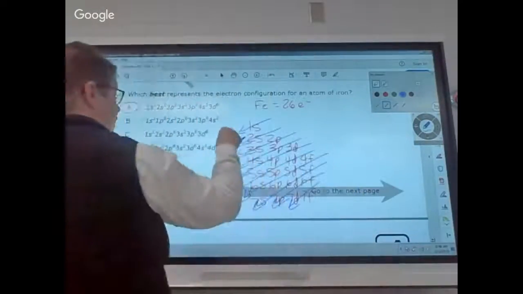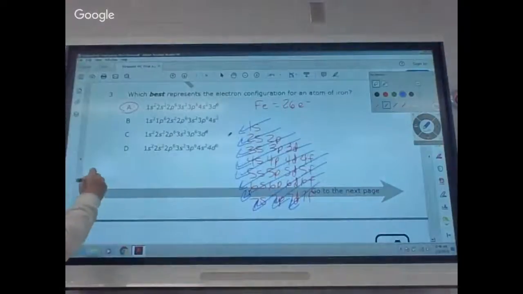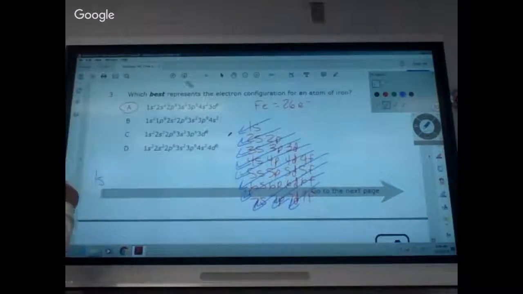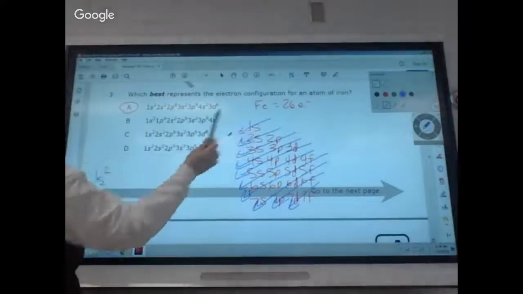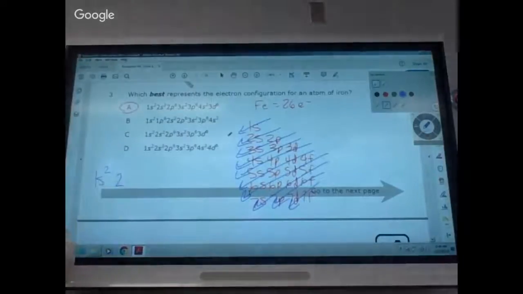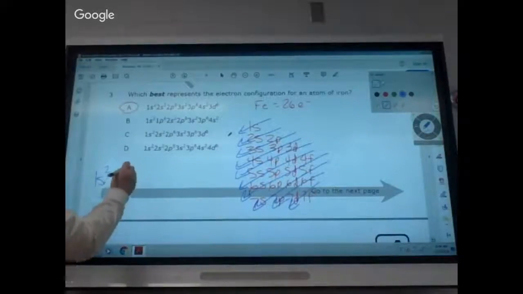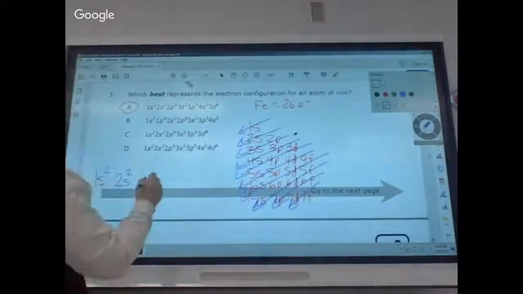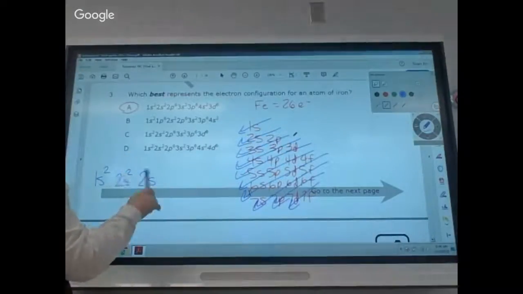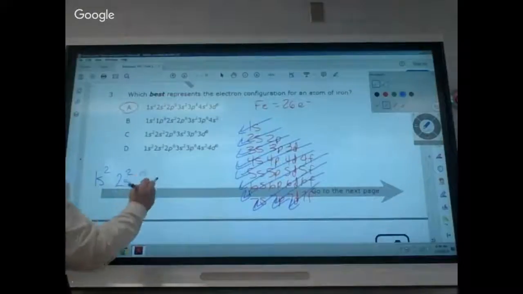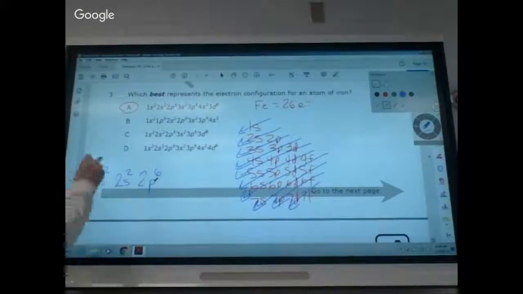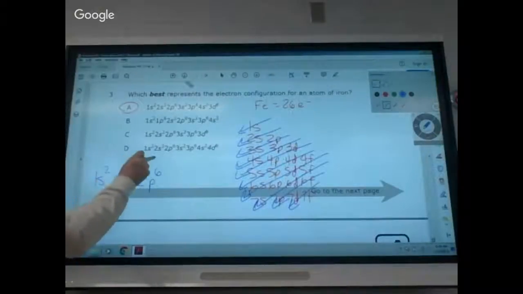So first thing in our chart is 1s. How many electrons can go on an S? 2. After 1s comes 2s. How many can go on S? 2. After 2s comes 2p. How many can go in P? 6. Count your electrons: 2, 4, 10.